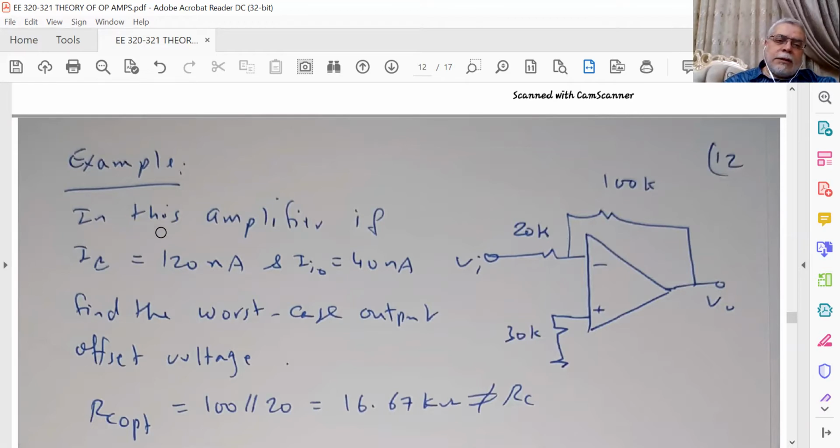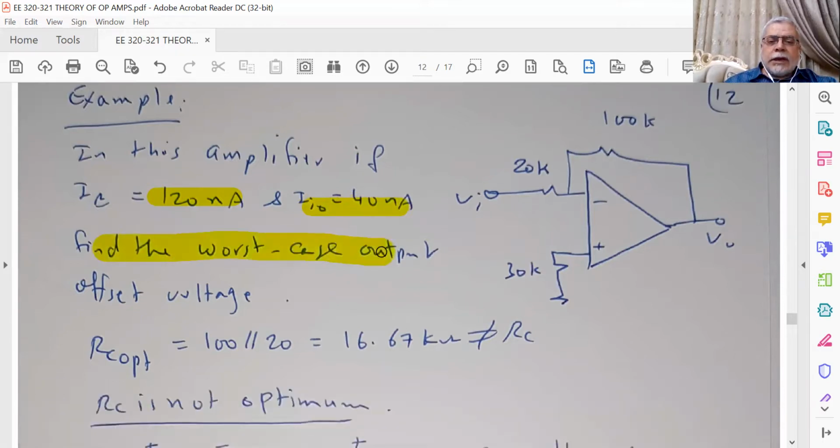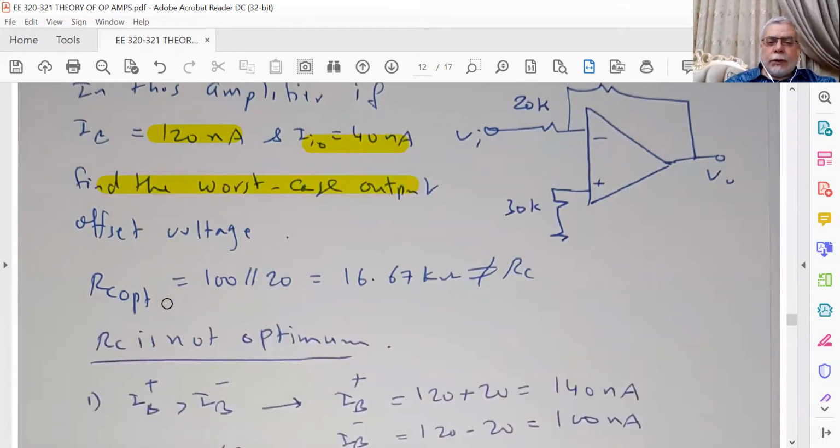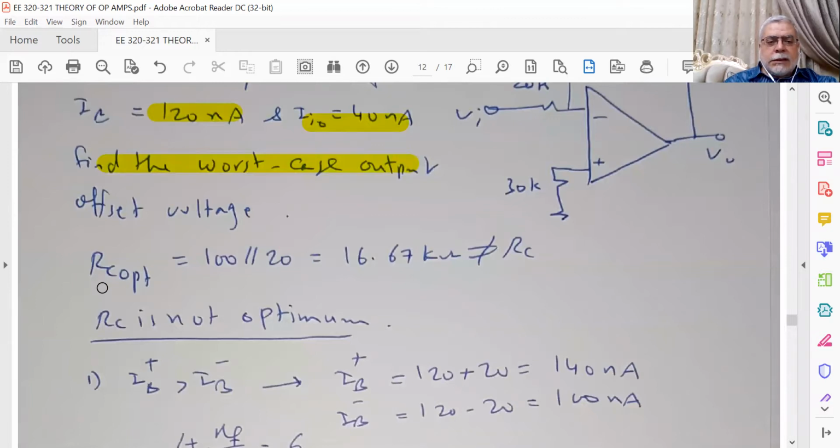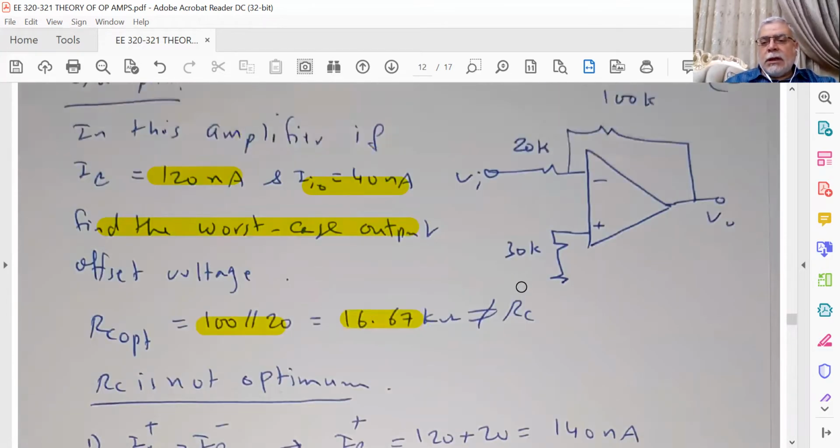The question says in this circuit the amplifier has IB equal to 120 nanoampere and IIO equal to 40 nanoampere. Find the worst case output offset voltage. So the RC optimum equal to 20 parallel with 100, which is 16.67K, which is not equal to RC. So RC is not the optimum.